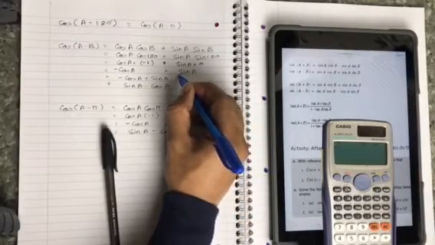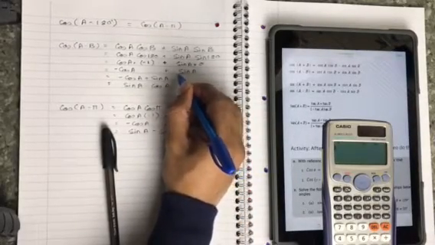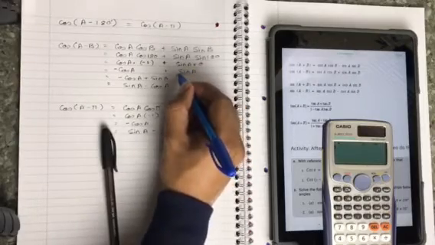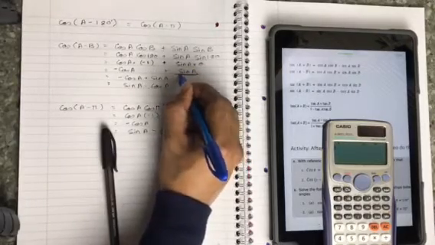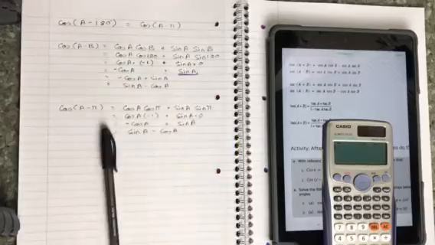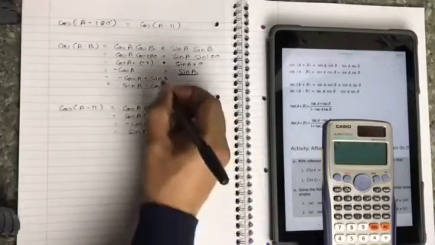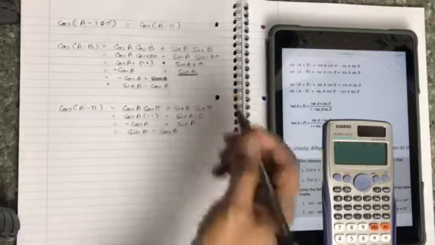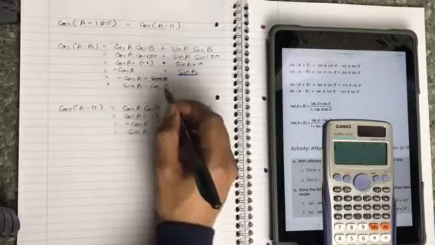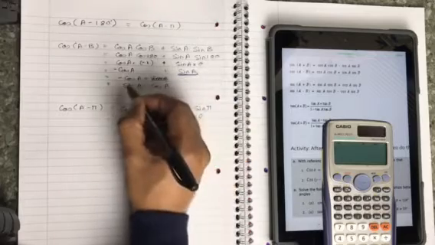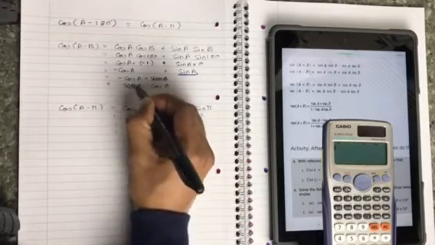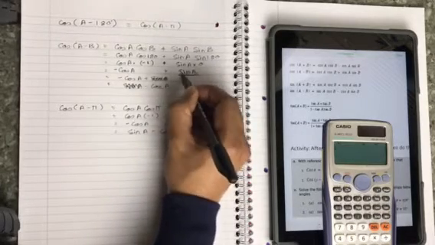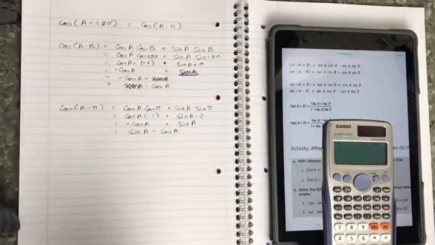Please be careful that you do not make this mistake. I'm going to mark it and correct it by cancelling it off. My final answer will be, there is no sin a, it's going to be minus cos a.